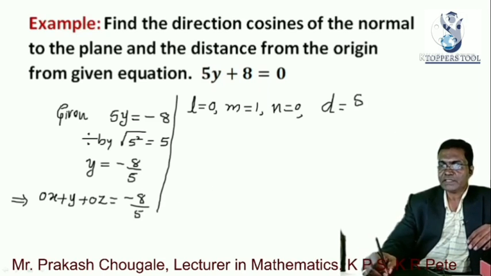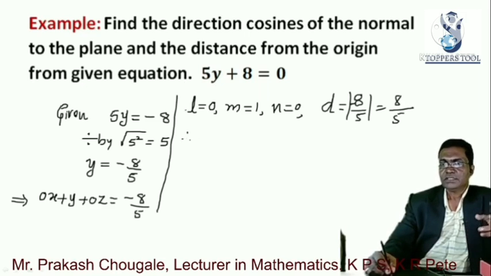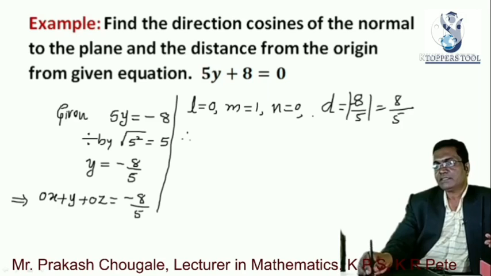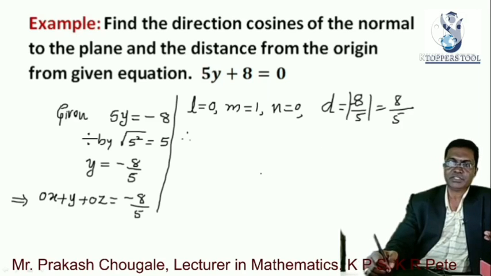So you take the modulus of minus 8 by 5, that is 8 by 5. You can conclude that L, M, N are these and D is this much. So very simple if basic concepts are clear.